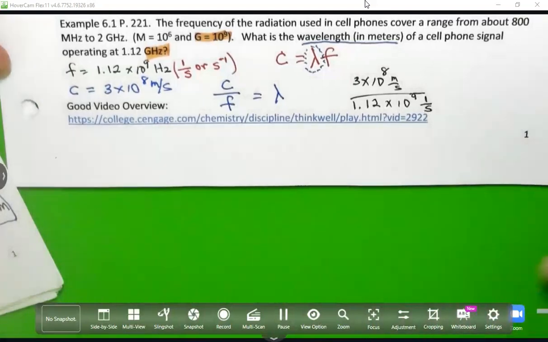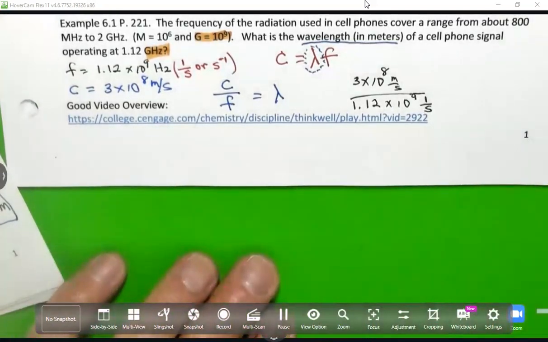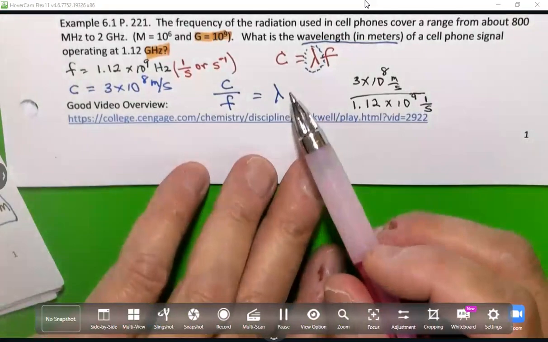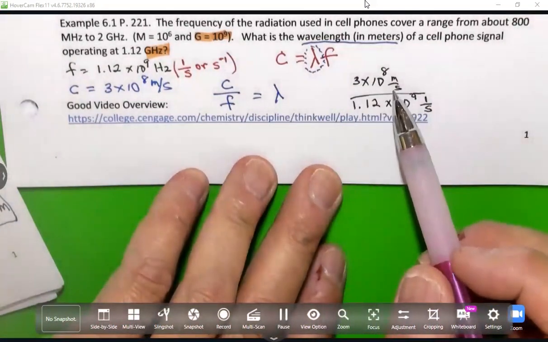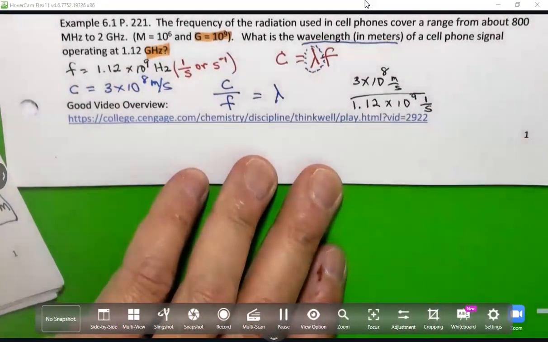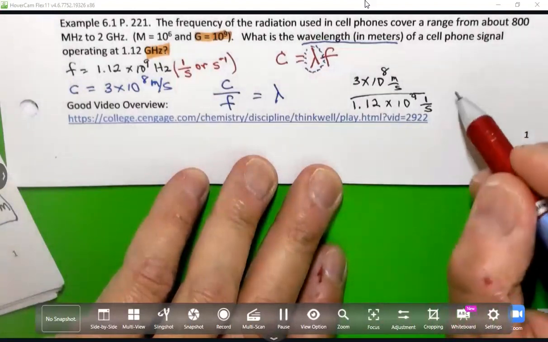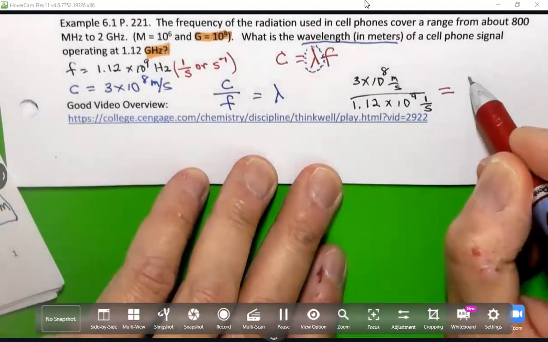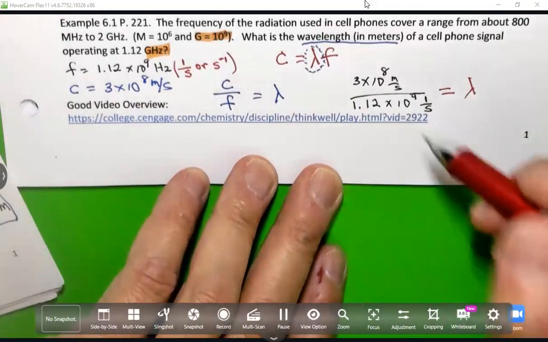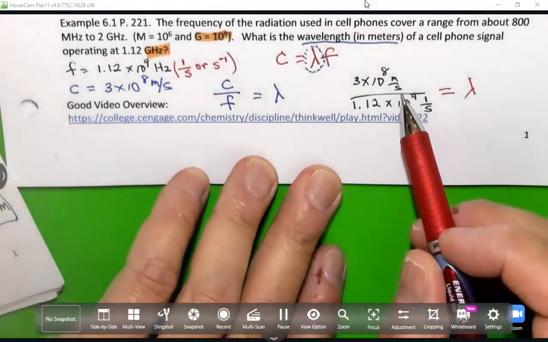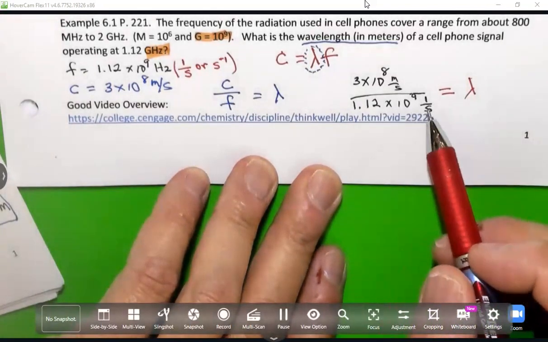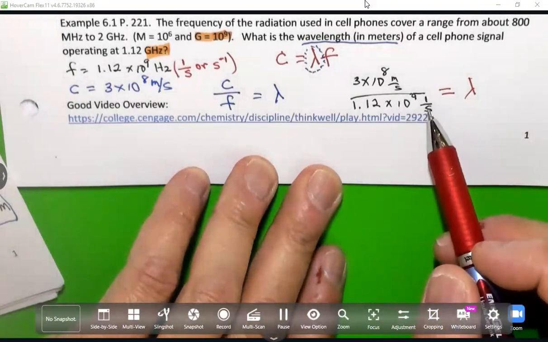You see that it cancels out, because the wavelength is going to come out in meters. My seconds are in the denominator here and here, so they cancel out.